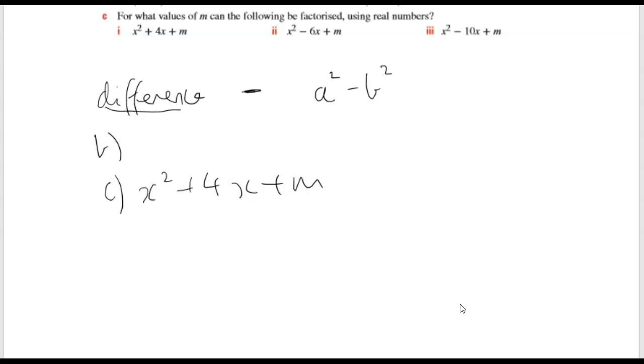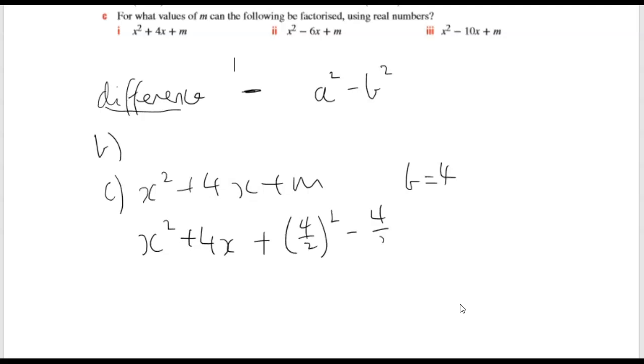We're going to factorize using completing the square. I identify my value of b, the coefficient of x, which is 4. I write my first two terms, then add b on 2 and square it. Then I subtract that, and add m on the end.